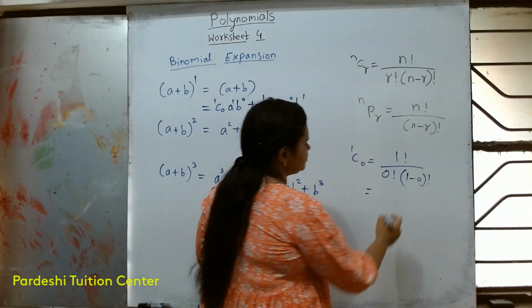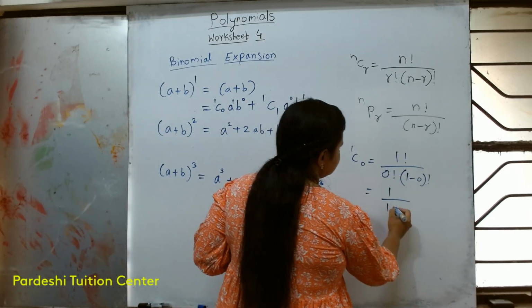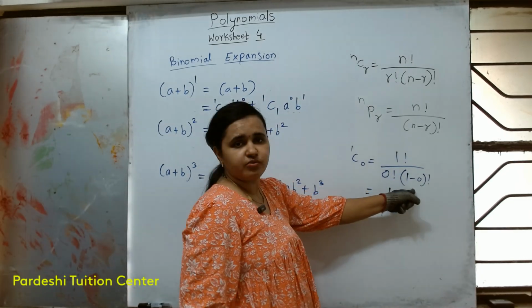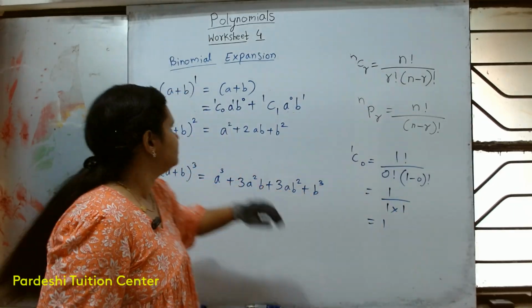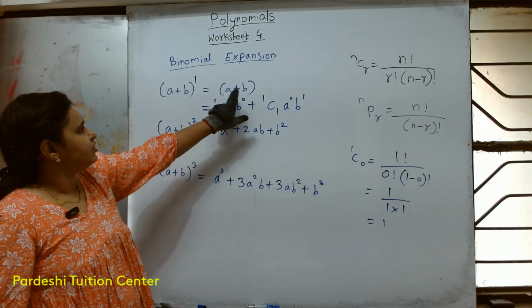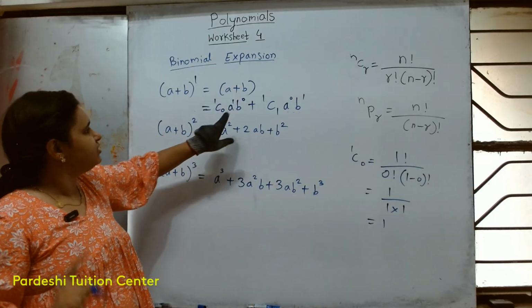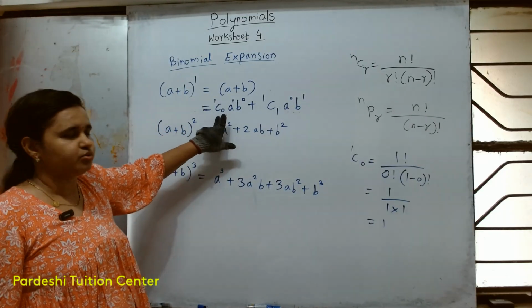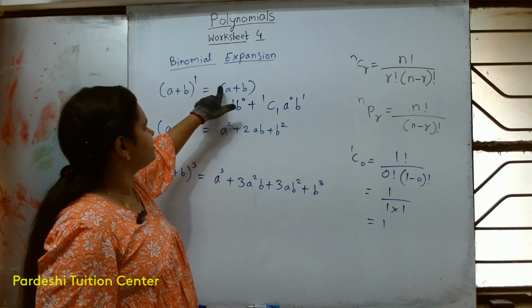So 1 factorial is 1, 0 factorial is 1, and 1 minus 0 means 1 factorial, which is also 1. So it is coming as 1. Here the coefficient is 1, so we can write it as 1c0. The answer for this 1c0 is 1 and the coefficient here is 1.